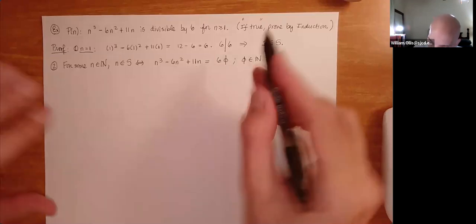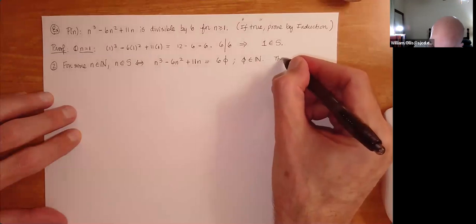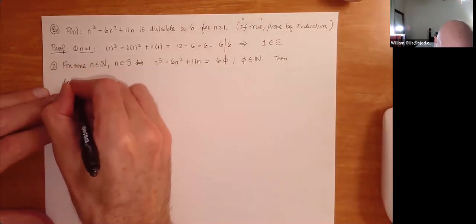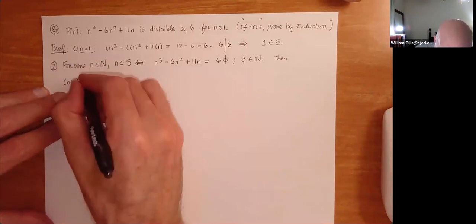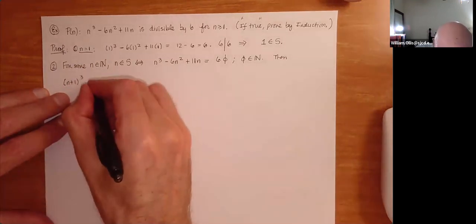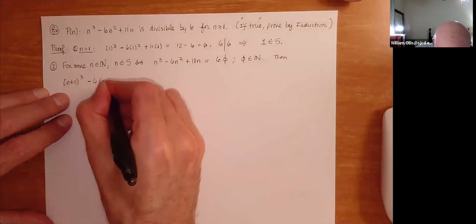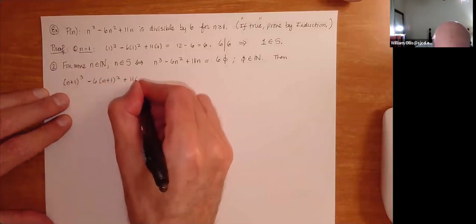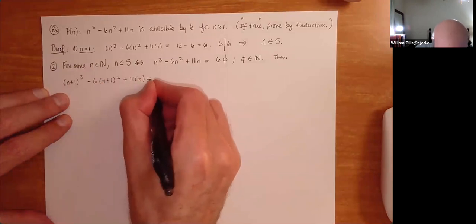And so now what we want to do is look at the next natural number. That is, if we look at the very next natural number, which is n plus 1, and we cube it, this is where we get to use the binomial theorem from week 1, minus 6 times n plus 1 squared plus 11 times n plus 1.